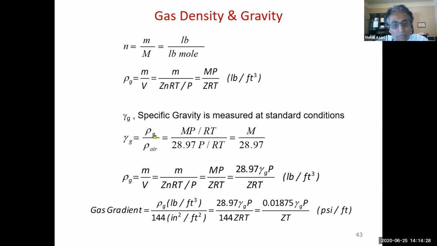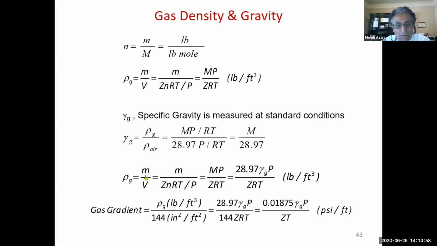So rho g divided by rho air. The rho of the gas is going to be MP over ZRT. The rho of the air is going to be this, but since this is standard condition, Z is 1, okay? And then temperature cancels out, pressure cancels out, then the gamma of the gas is going to be basically the molecular weight of the gas divided by the molecular weight of air, which is 29, huh?